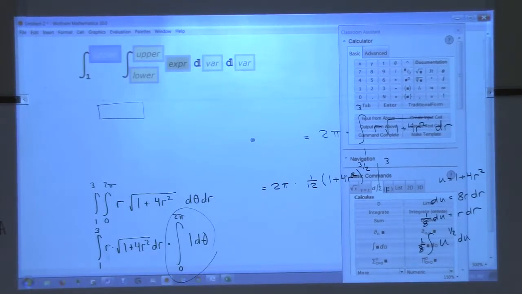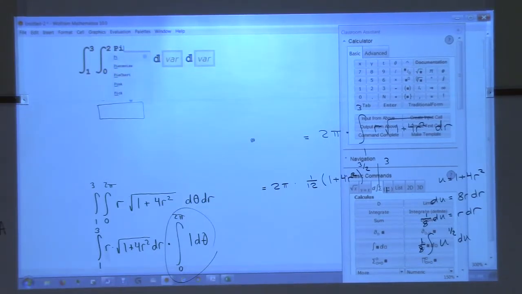I think we went 1 to 3, we went 0 to 2 pi.